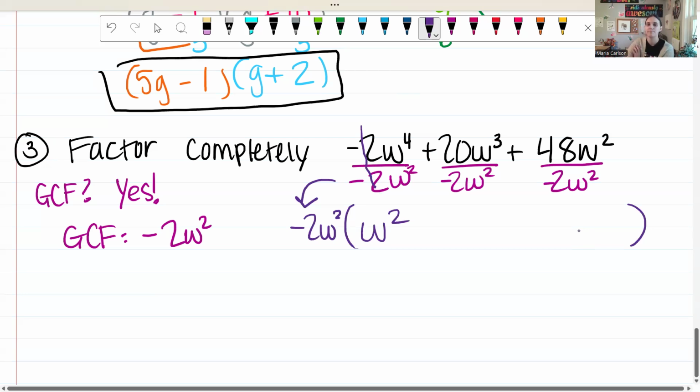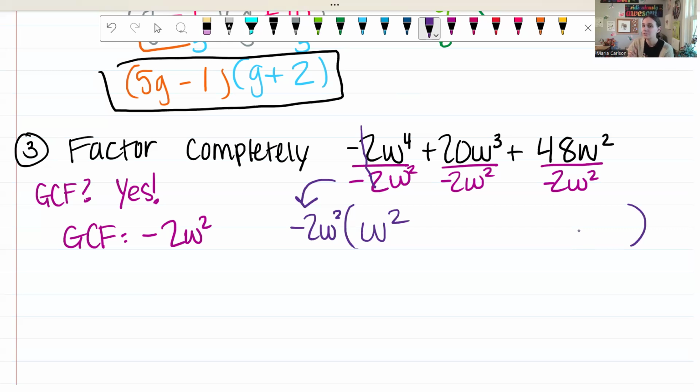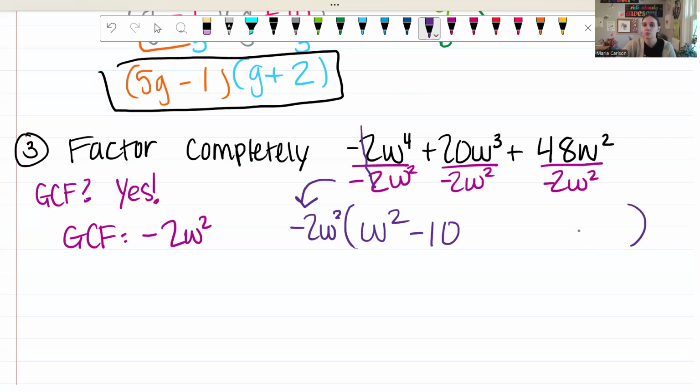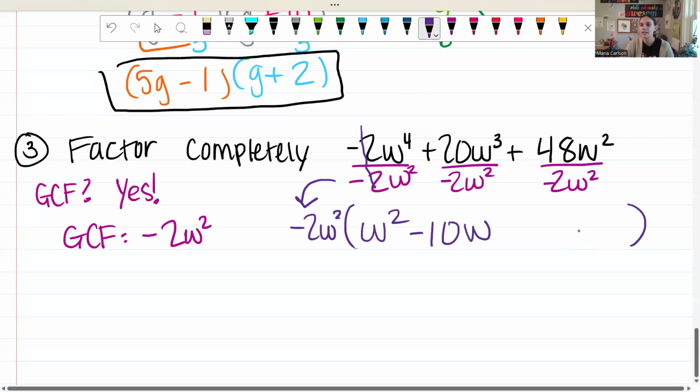Next, 20w cubed divided by negative 2w squared. 20 divided by negative 2 is negative 10. So I will have negative 10 and then 3 w's. You take out 2 of them, you will be left with just 1. And finally, 48 divided by negative 2 is going to give us negative 24. And then w squared divided by w squared, if you have 2 w's, you take out 2 of them, you're left with no w's.